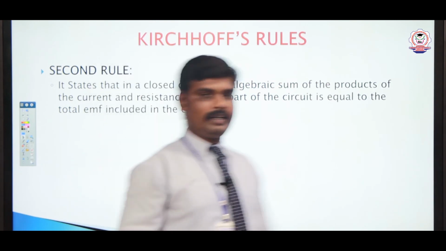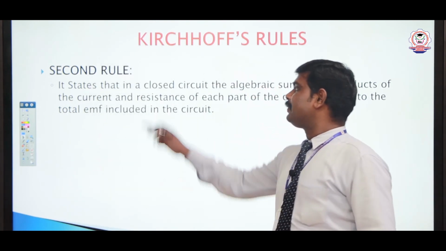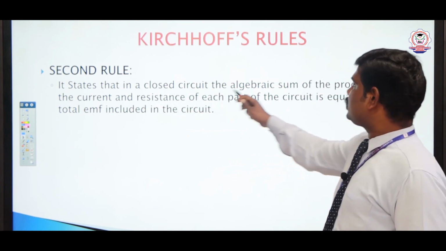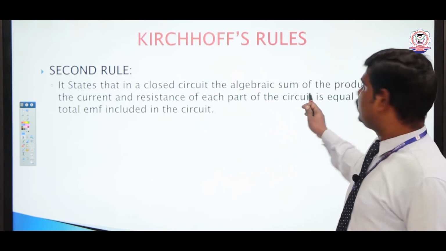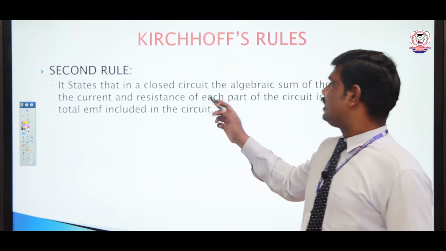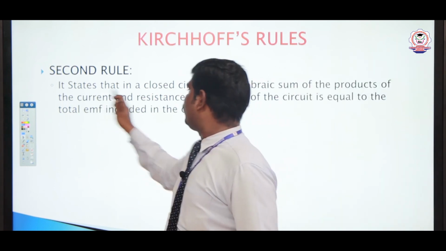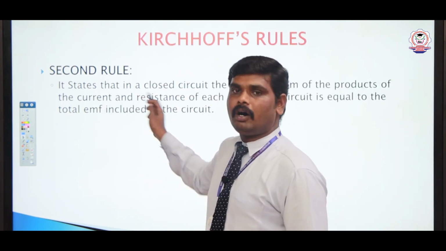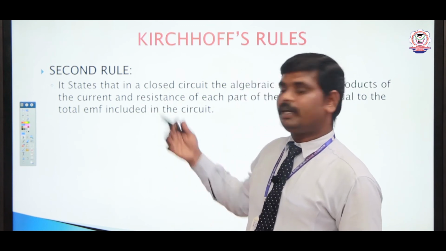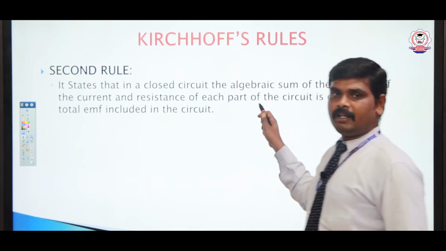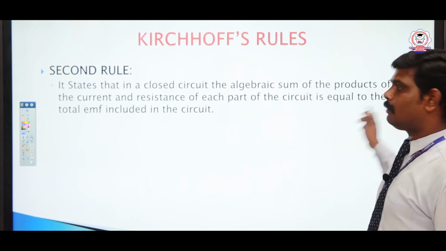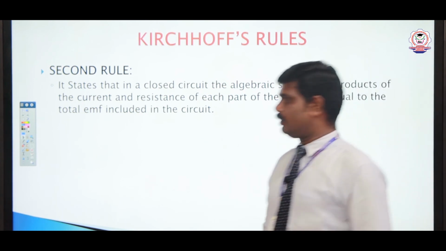One more time I read this statement. In a closed circuit, the algebraic sum of the product of current I and resistance R, so IR, which is nothing but voltage, of each part is equal to the algebraic sum of the EMFs.